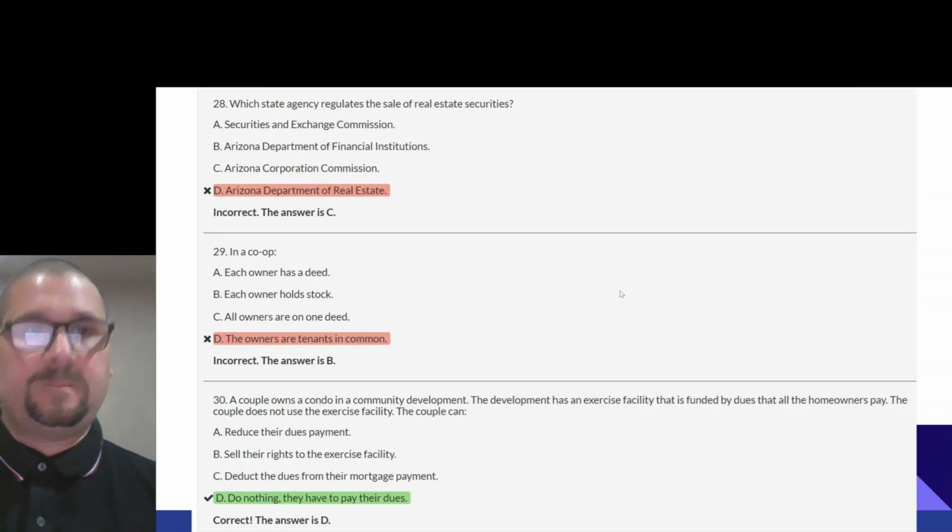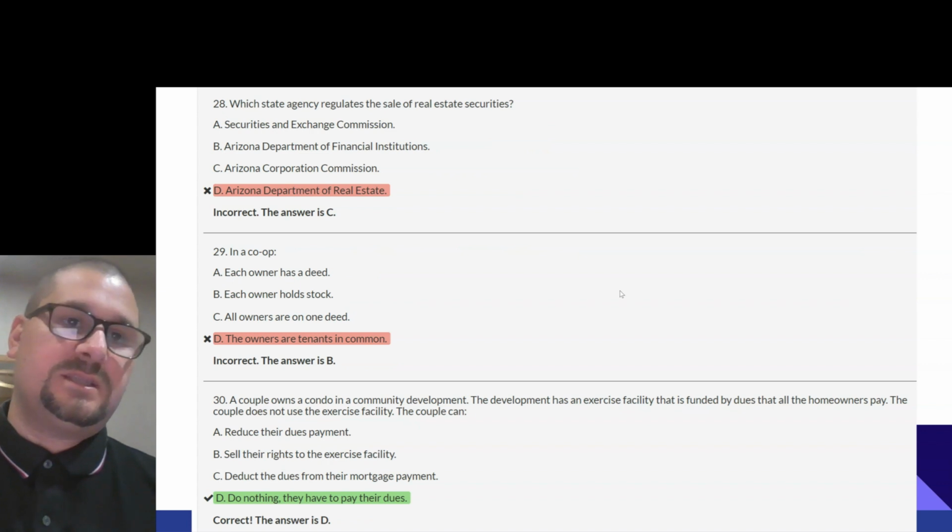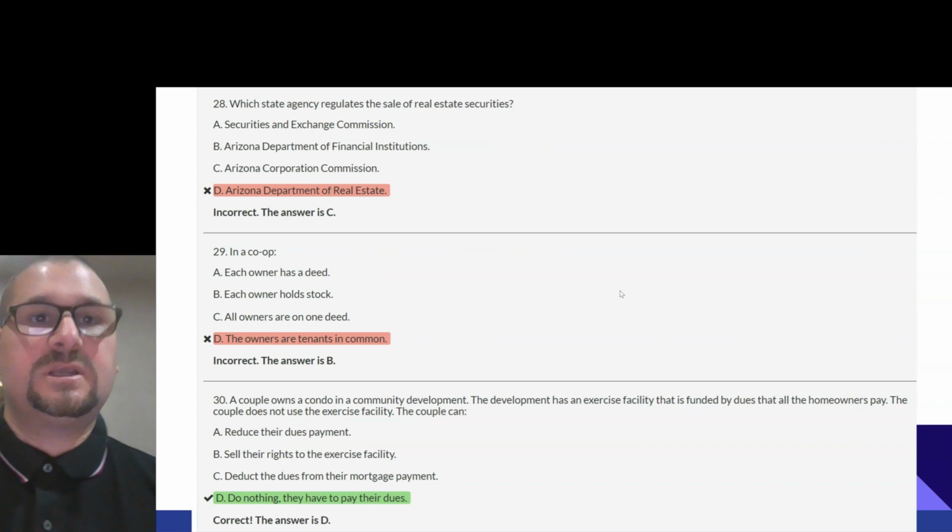Which state agency regulates the sale of real estate securities? This one's going to be Charlie, Arizona Corporation Commission. We've got the SEC and the Arizona Corporation Commission regulating the sale of real estate securities.